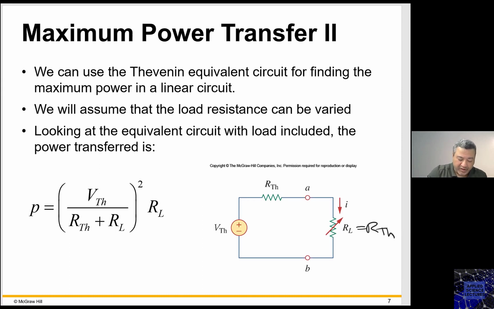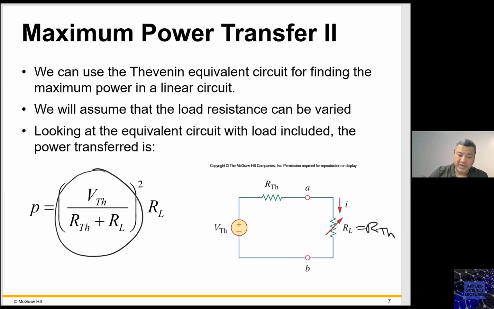Now, if you look at the relationship for the power delivered to the load, it would be I squared times RL, right? RL is the resistance of the load.